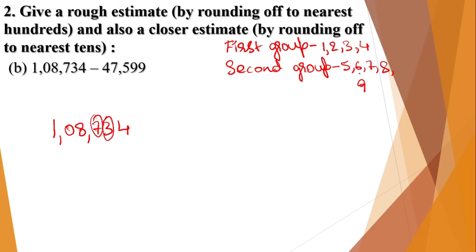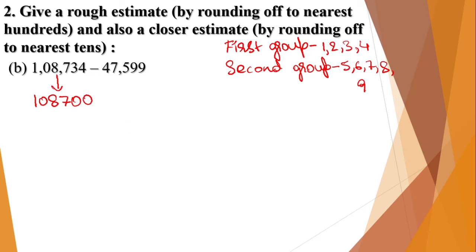Now you can see 3 is in the first group. So if the number is in the first group, no changes. So 108 will be as it is because it's on the left side. And 7 will also be as it is because 3 is in the first group. But 3 and 4 will become 0.